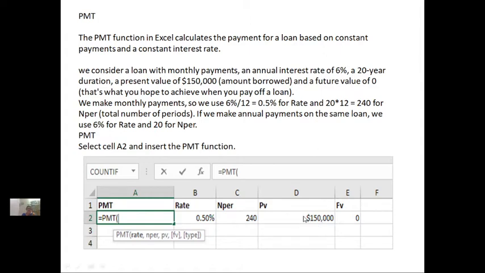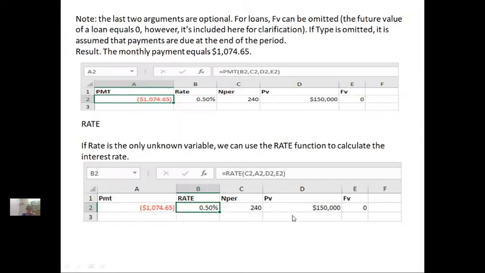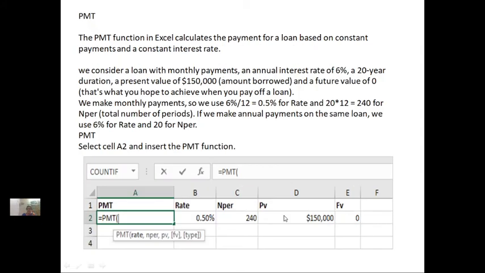PV, the present value, is $150,000, and the future value is 0. This is the syntax of PMT: rate, nper, pv, fv, type.